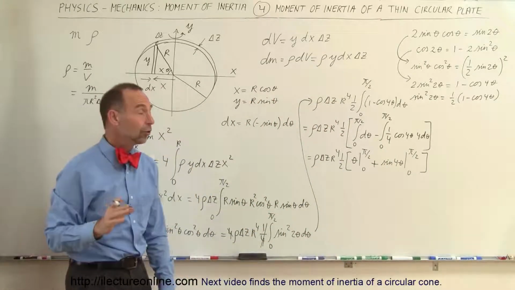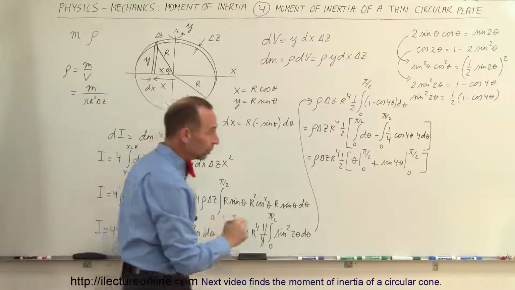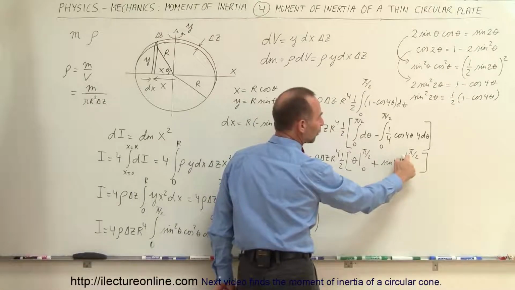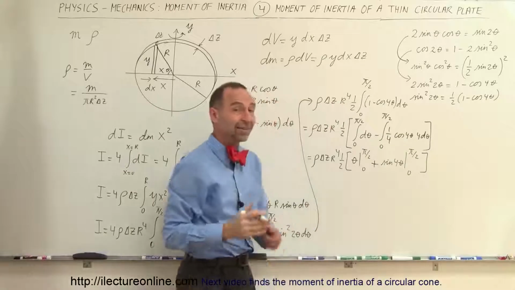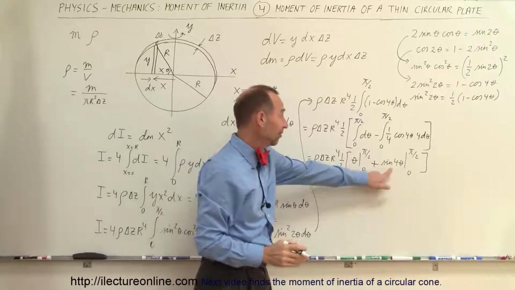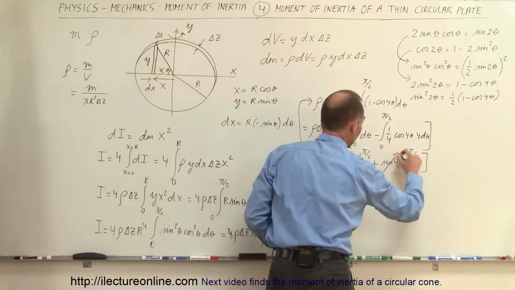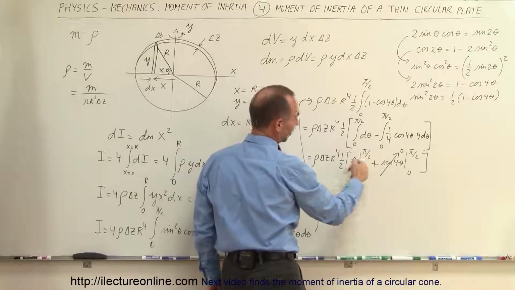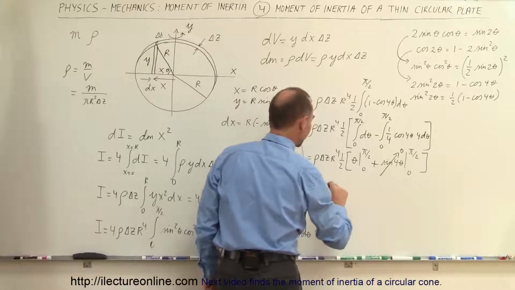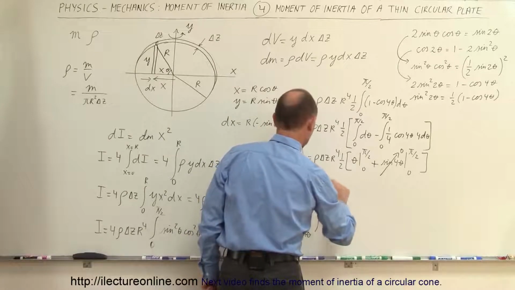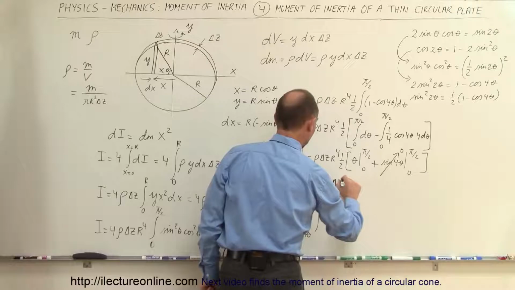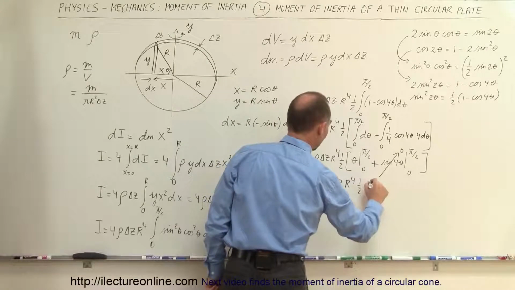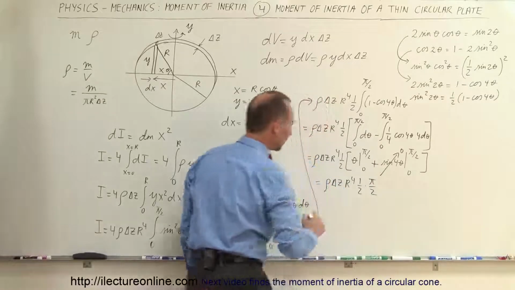Now notice when I evaluate the sine of 4 theta at pi over 2, 4 times pi over 2 is 2 pi, and the sine of 2 pi is 0, and the sine of 0 is 0, so this portion simply cancels out. This evaluated will be pi over 2. When I plug in a 0, I get 0, so this becomes equal to the density times delta z times r to the fourth power times 1/2 times pi divided by 2.